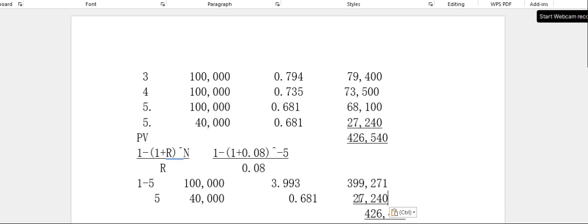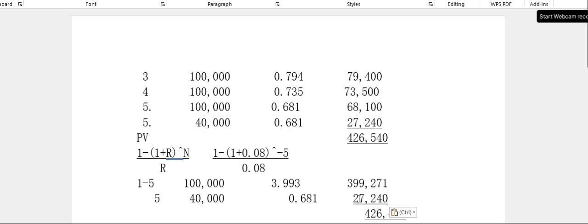If you are paying 100,000 in years 1, 2, and 3, then in year 4, if you make that profit, your lease payment will increase from 100,000 to 200,000, because 10% of 1 million is 100,000.